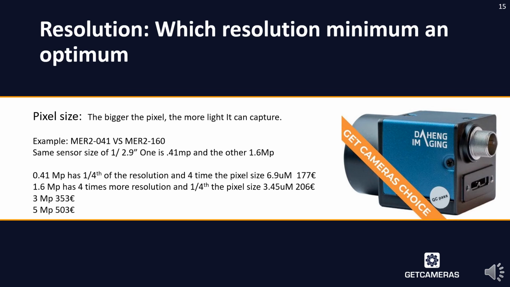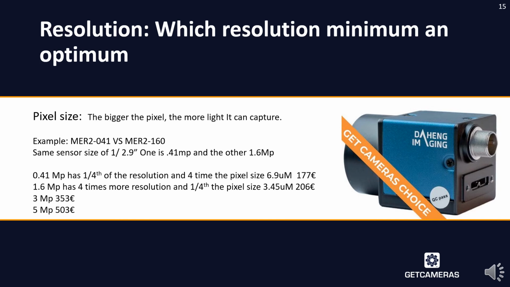If we have to explain this in a very simple way, bigger pixels capture more light because there is more surface for light to fall on. I made a very little comparison here, a very easy comparison between two cameras. Both cameras have exactly the same sensor size, and that is 1 divided by 2.9 inches.